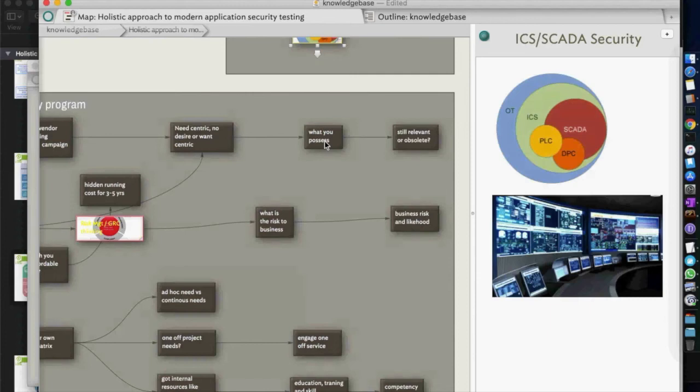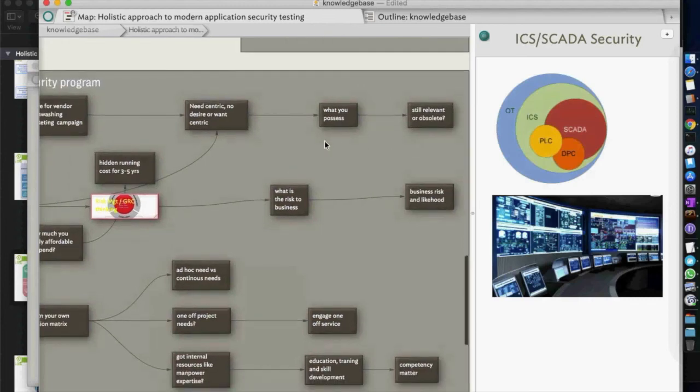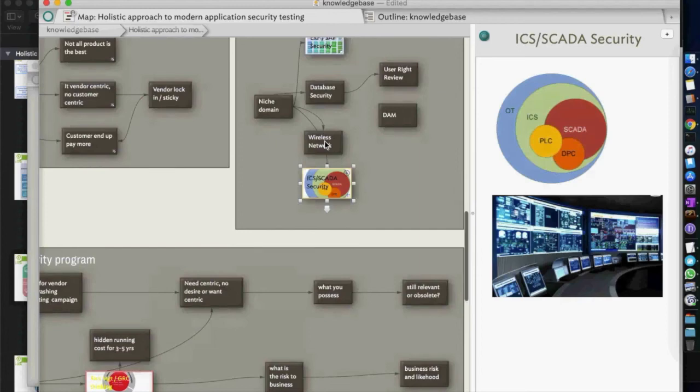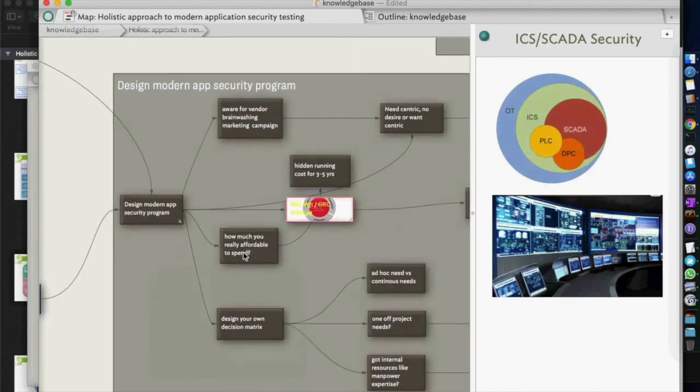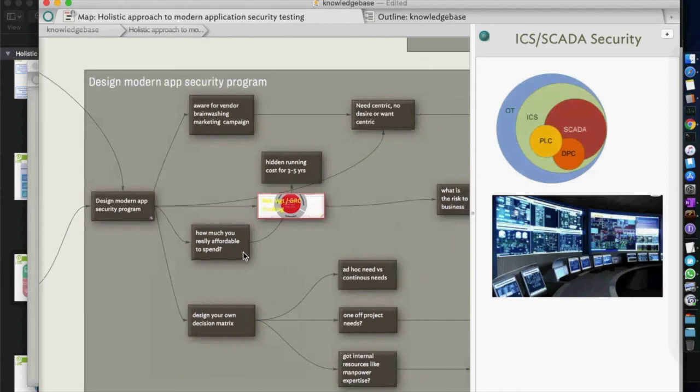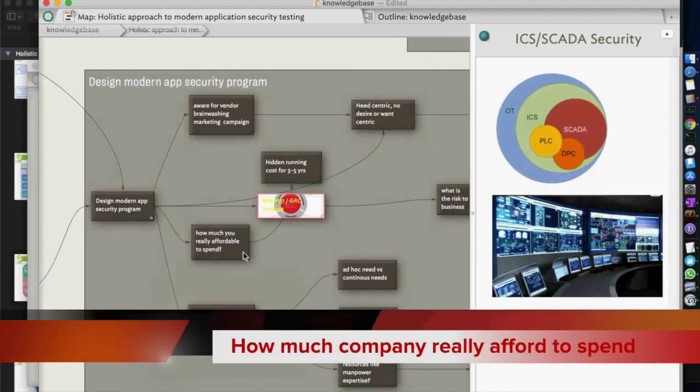In particular, now we have more and more modern platforms to develop on, going beyond traditional programming, what nowadays they call cloud apps, right? How much can the company really afford to spend?